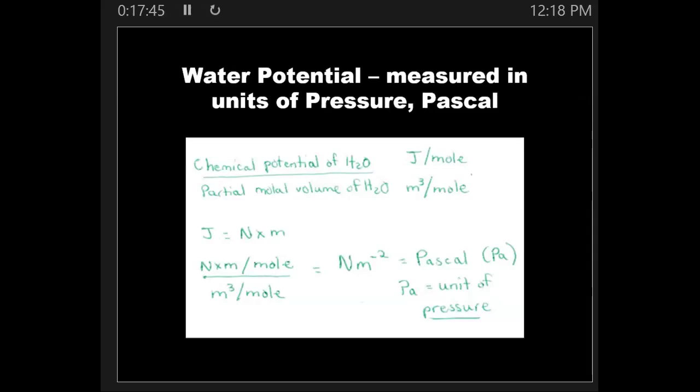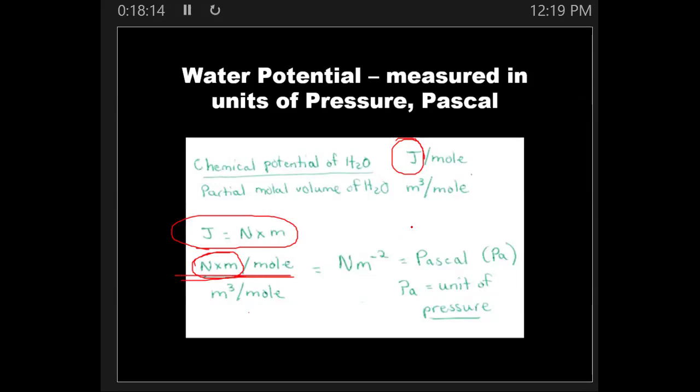When you look at that, another way to describe a joule is equal to a Newton times meter. This is just another way to describe it. So now, if we take Newton meter and put it in place of the joule, that's what's being shown down here. So you have the Newton meter instead of joule per mole divided by the partial mole volume, which is meters cubed per mole.